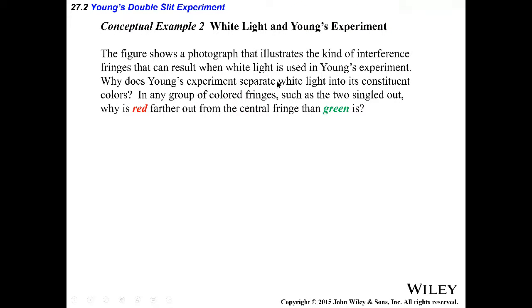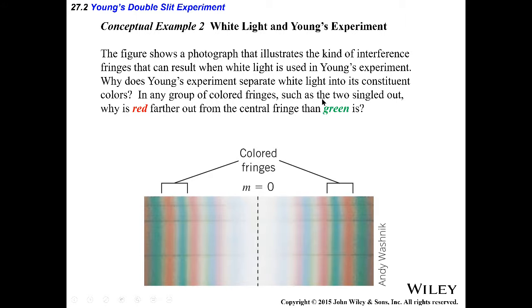All right, now, this is showing a result. The figure shows a photograph that illustrates the kind of interference fringes that can result when white light is used in Young's experiment. So in other words, you now say, I have this Young's double slit experiment, and I have my double slit separated by so many millimeters.